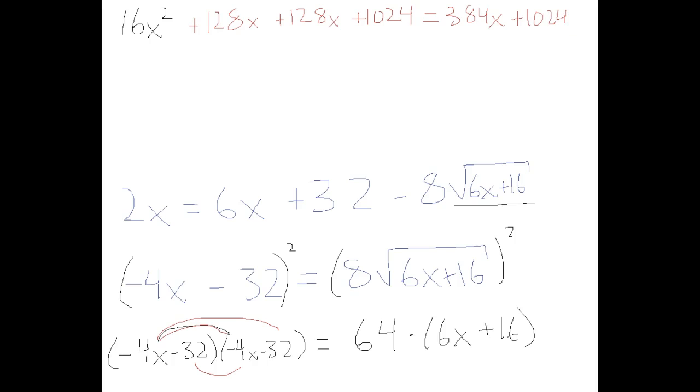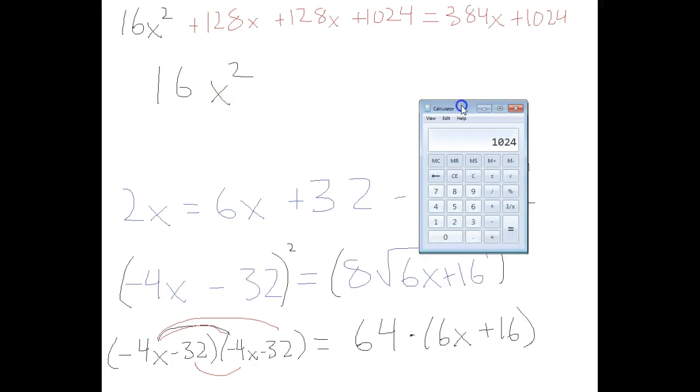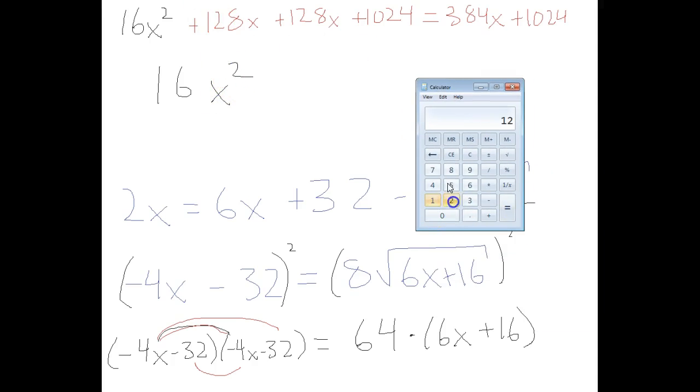All right, so reductions now, we have 16x squared. And on the left side here, we have 128 plus 128 for 256x, but we're minusing 384, so it's -384x. And that's to get all the x's on one side. So I'm going to minus it from both sides.